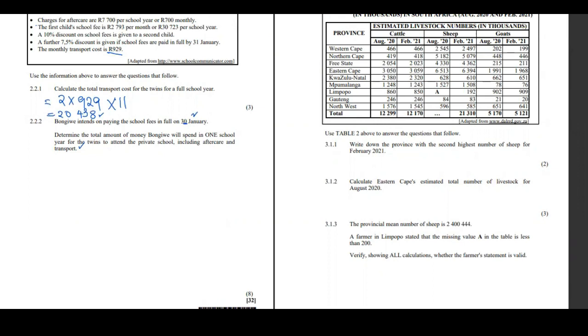We said aftercare, 7,700 times 2. We got our answer there as 15,400 throughout the year. Transport, we already have it as 20,000.